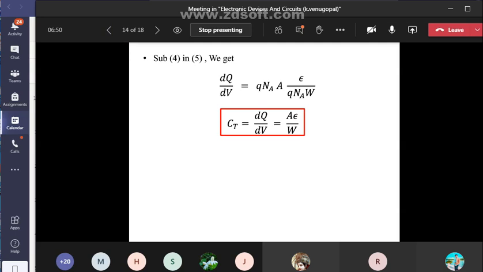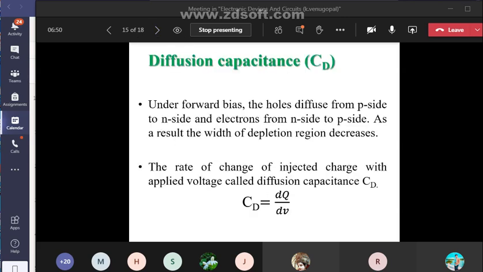So Ct equal to epsilon A by W, dq by dV. Remember this transition capacitance equation. Now the diffusion capacitance: under forward biased condition, the holes diffuse from p side to n side and electrons from n side to p side.